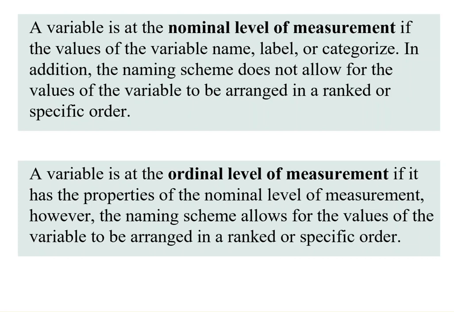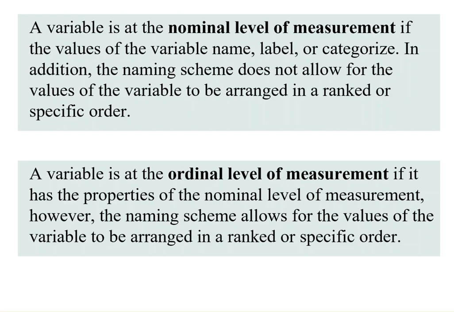The nominal level of measurement for a variable indicates that the values of the variable name, label, or categorize some feature of the individuals in the population. Moreover, that naming scheme does not allow for the values to be arranged or ranked in some specific order.